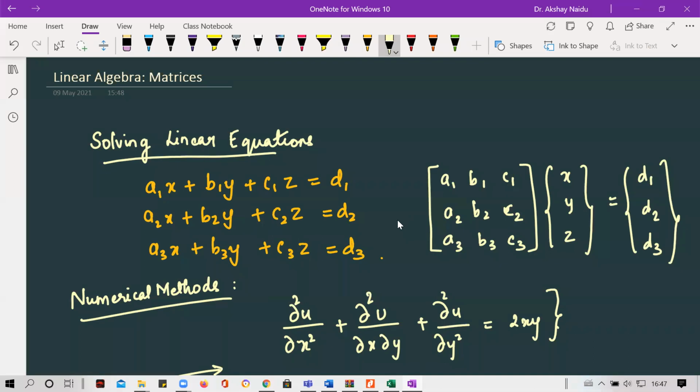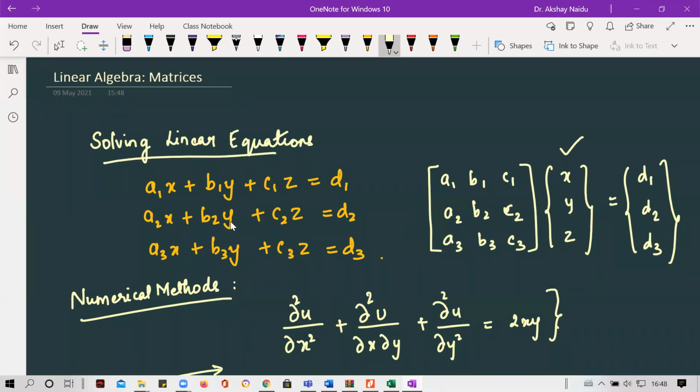It can be written in matrix form like this, and then you can solve for x, y, z by various methods that we'll discuss soon. There'll be so many methods.